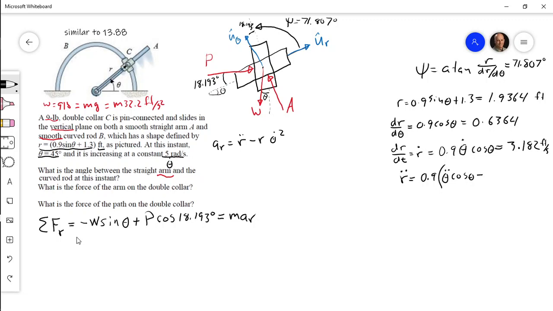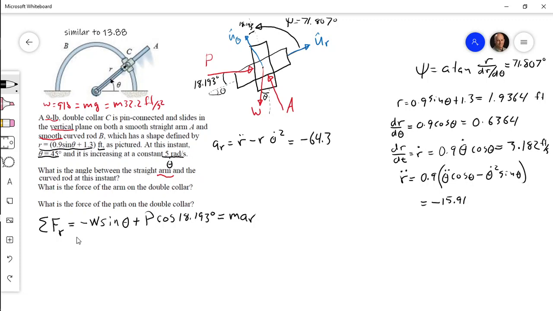So this will be minus theta dot squared sine theta. And if you plug in the numbers, that turns out to be minus 15.91. And if you take these numbers and plug that all into here, this turns out to be minus 64.3.